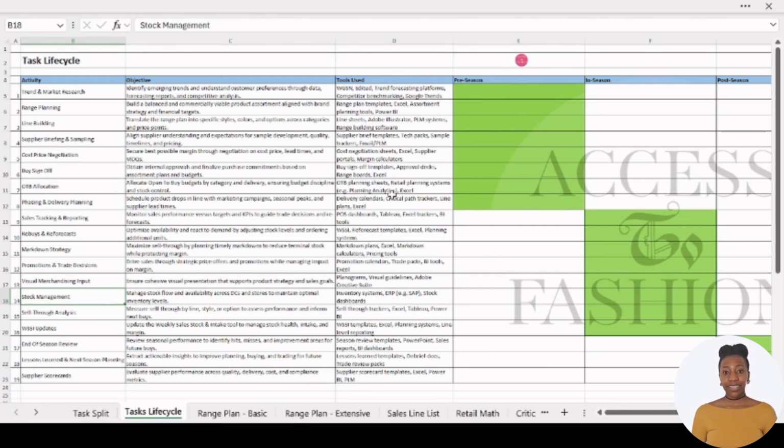Then, still in season, we have stock management. The objective there is to manage stock flow and availability across DCs and stores to maintain optimal inventory level. So DCs means distribution centers, and we want to put the stock in the right place. What that means is we want to make the stock available in inventory as quickly as possible for the customer to get.